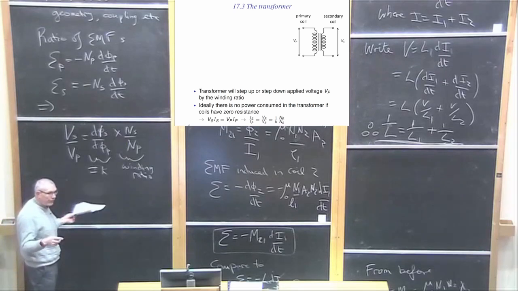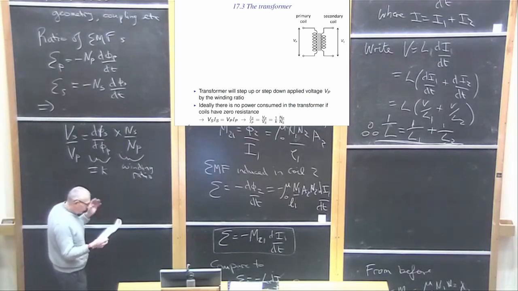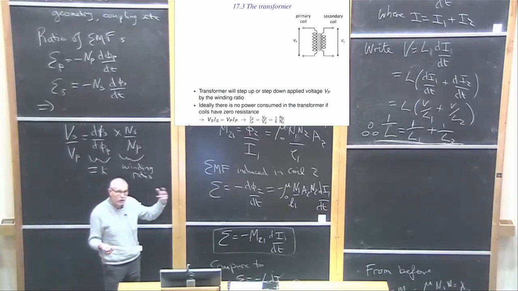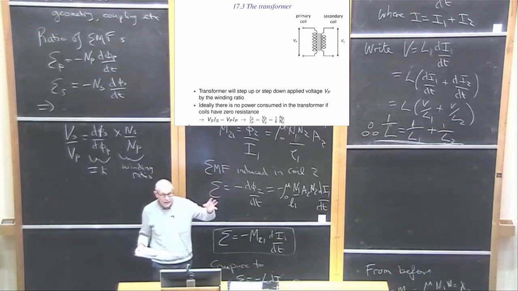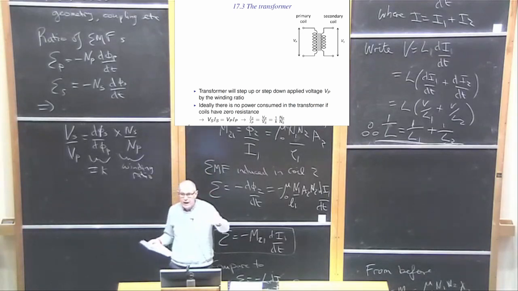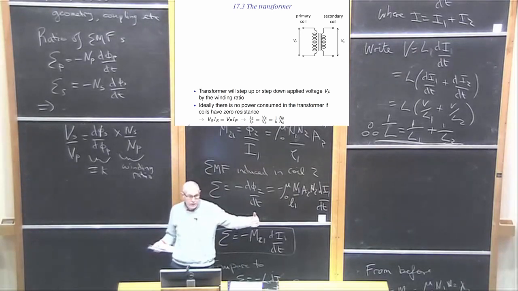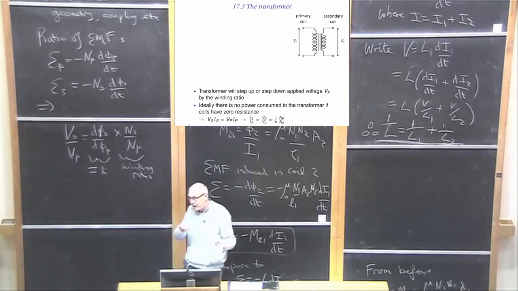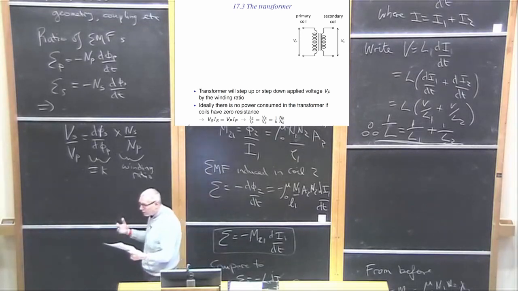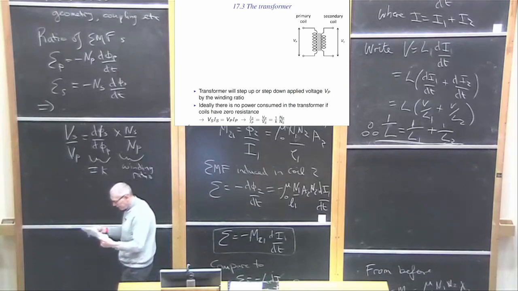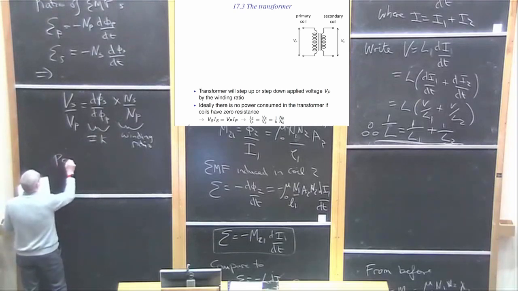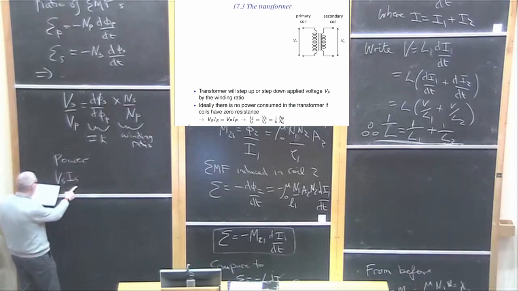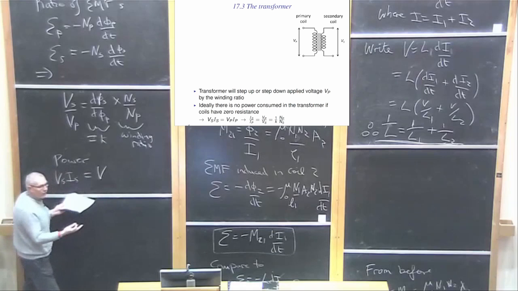That's the voltage. So what about the current? If we assume there's no resistance in the coils at all, then there's no power dissipated, and the power has got to go somewhere. All the power gets transferred from one coil to the other, because of the conservation of energy. The power is VI, power is volts times current.